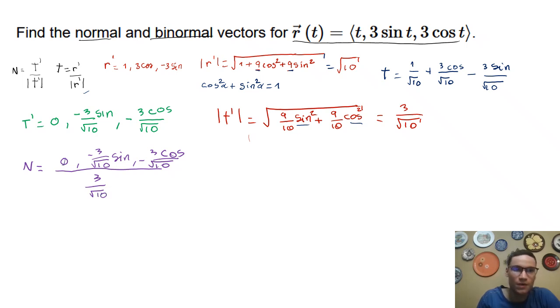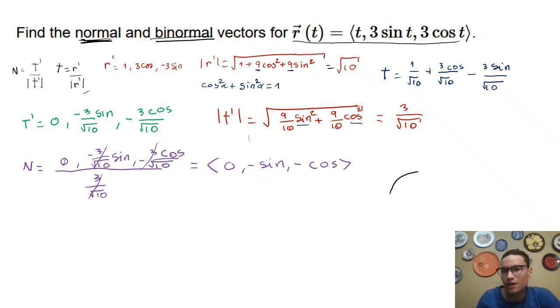So this is 0, and here we can simplify the term. So we have that the normal vector will be equal to 0, minus sine and minus cosine. Okay, that's awesome. It's not that big. So we got the normal vector, so we have to find the binormal vector.